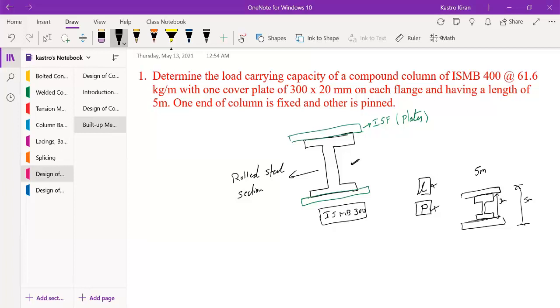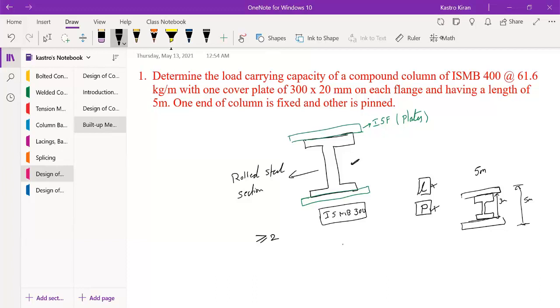So a built-up section can be defined as any section which is used as a combination of two or more different sections, so greater than or equal to 2. When you use two or more sections, such a section is called a built-up section or a built-up member.